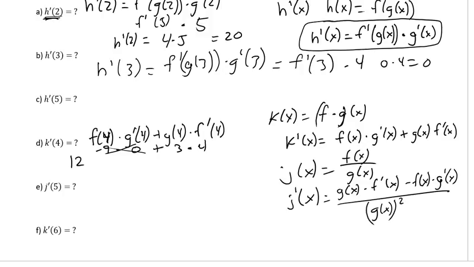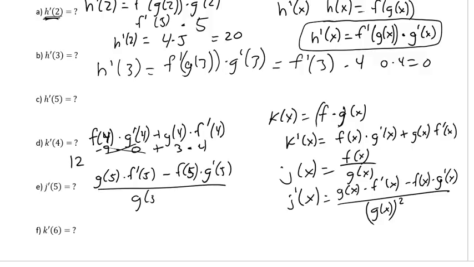It's just the definition of the quotient rule. So here, if I'm going to find j prime of 5, I want g of 5 times f prime of 5 minus f of 5 times g prime of 5, all over g of 5 squared.